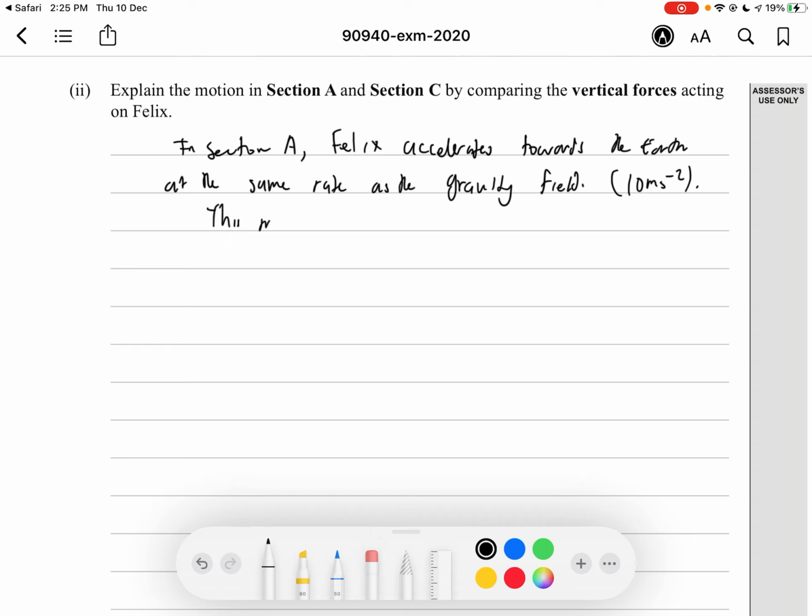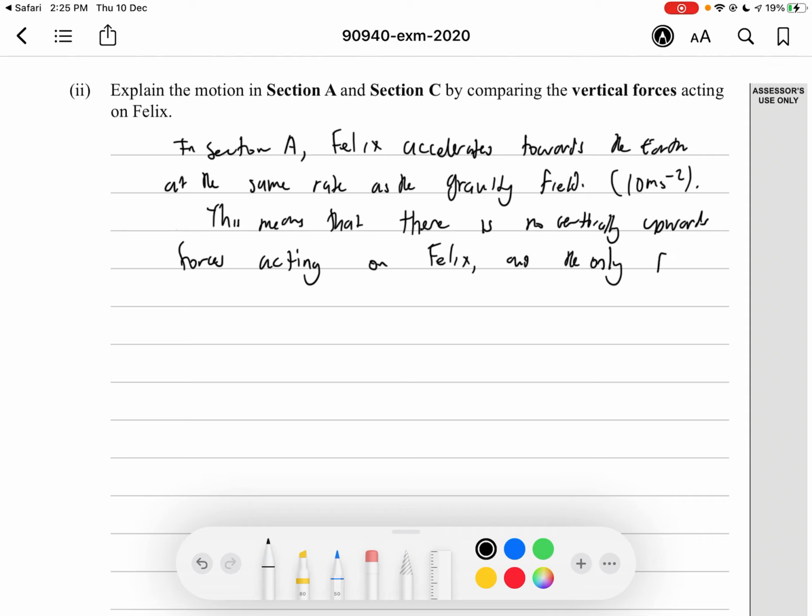This means there are no other forces, and the only force acting on Felix is the force of gravity, so his weight force basically.